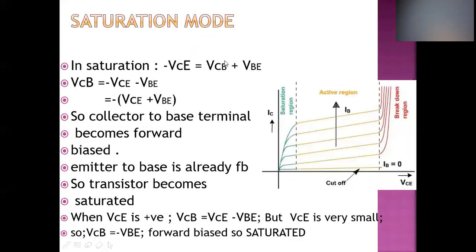Next, the saturation mode. We can see that the BJT works in the saturation mode only when VCE is less than 0, that is VCE in the negative region, or the value of VCE is very small. Now, what is the reason behind this? We know in the saturation region, when VCE is in the negative region, then we can write minus VCE is equal to VCB plus VBE.